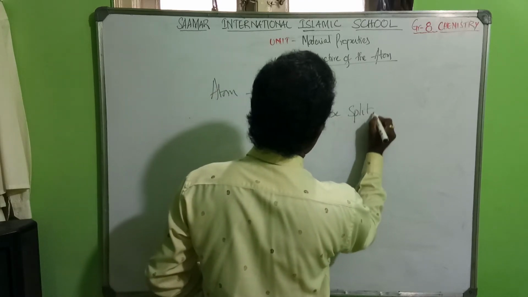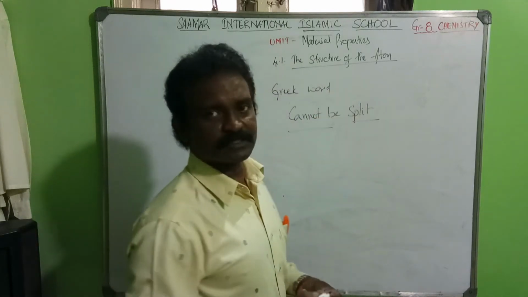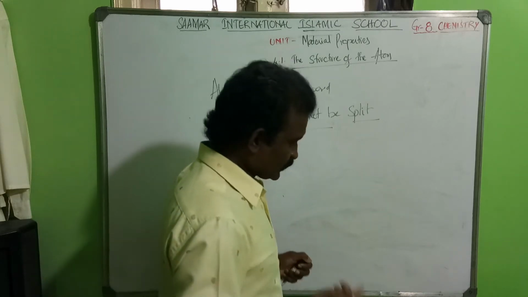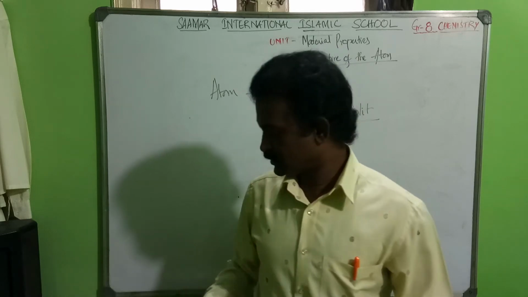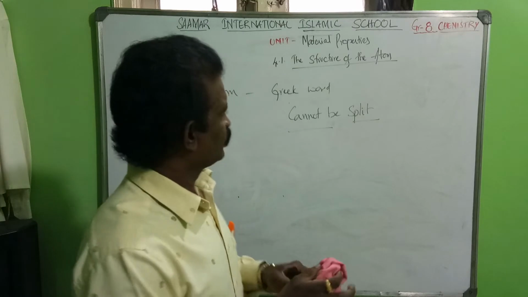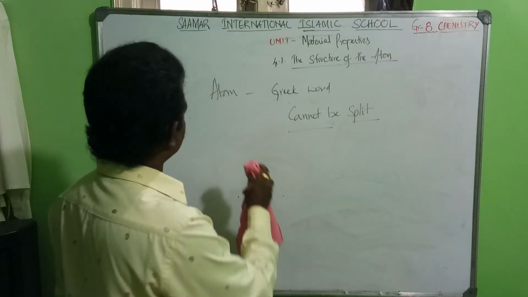That means it cannot be broken down further. Is it clear? Now, how is the atom very small in size? Because we cannot see it with our naked eye. Till today nobody has seen the atom, but we assume it is there.